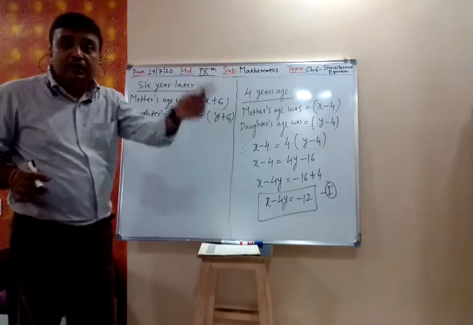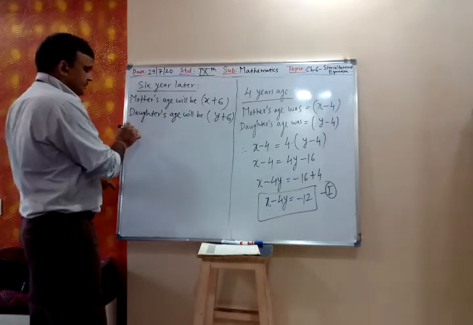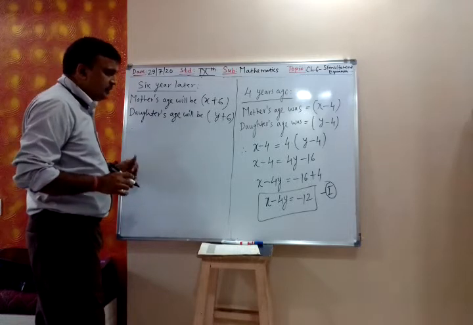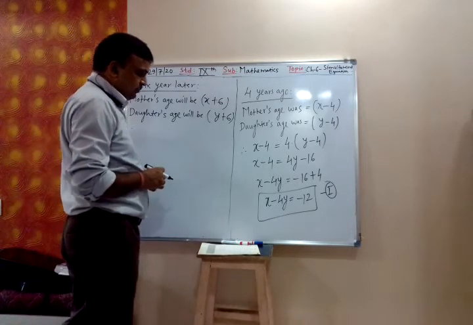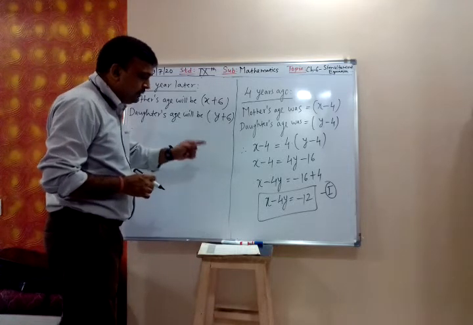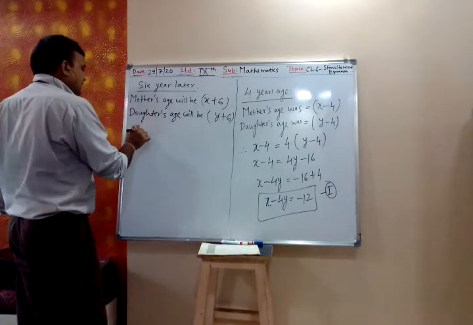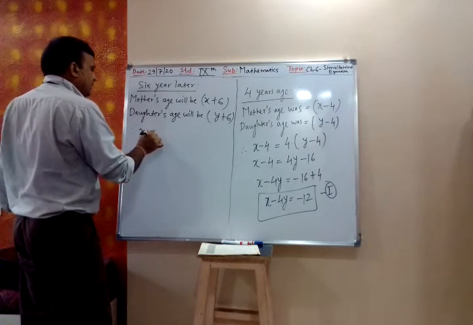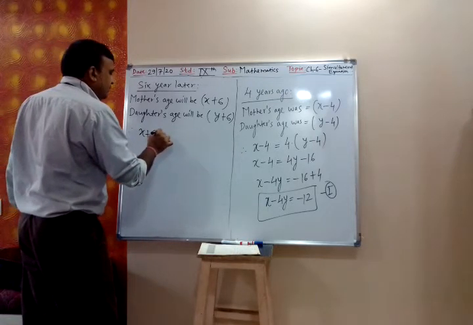6 years later, sum number 3. 6 years later, the mother will be, mother's age is x plus 6. Will be means equal to.